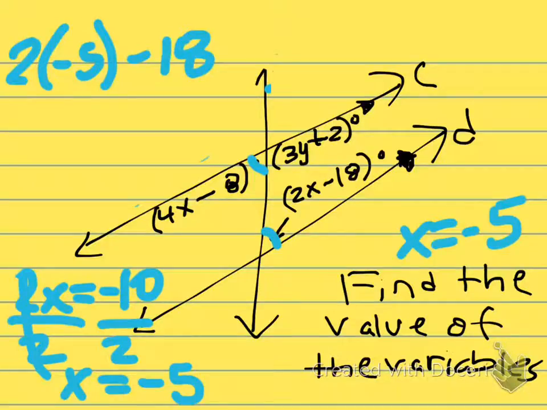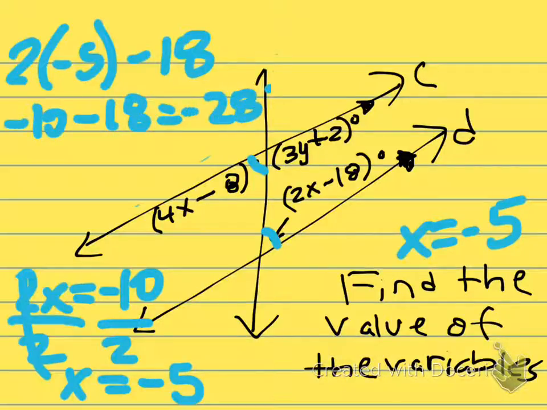Again, this is not realistic because I'm just making up these numbers, so that's how I got negatives. But on the quiz, you're not going to get negatives. So you have negative 10 minus 18, which is negative 28. So negative 28 would be the angle for 2x minus 18.